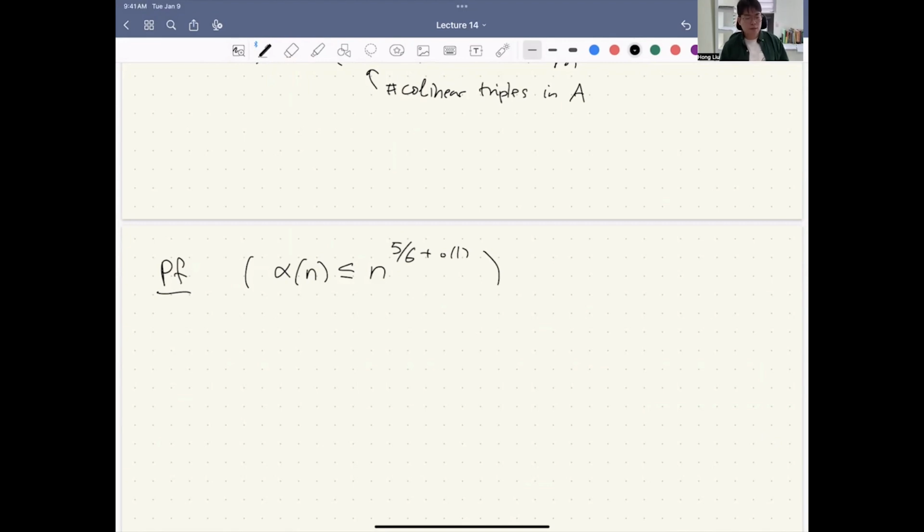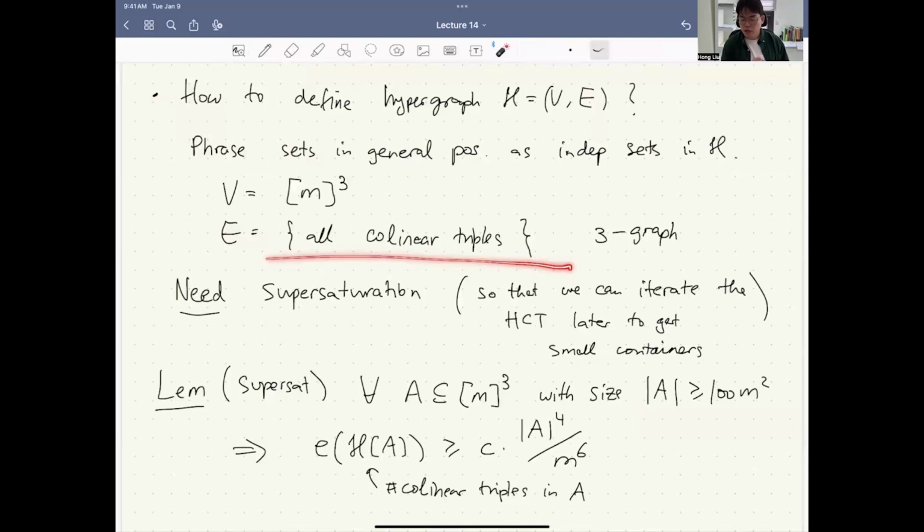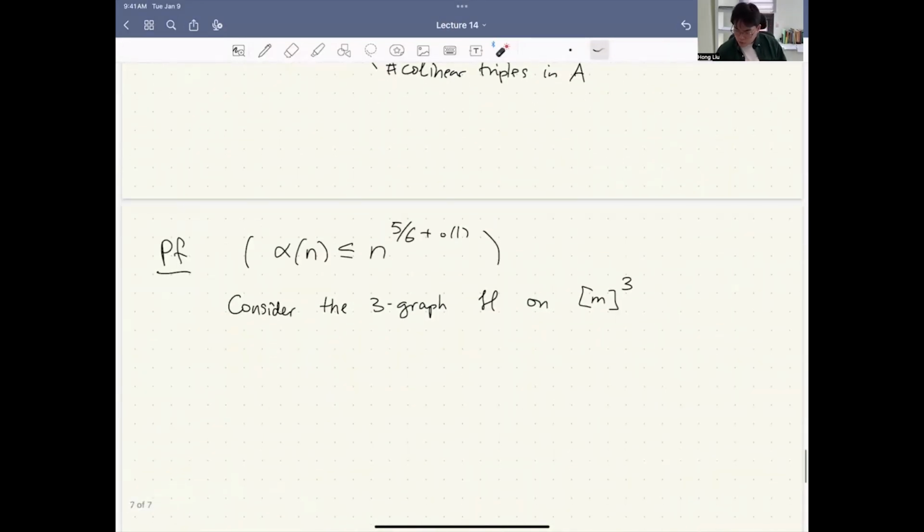As I said, we're going to consider the 3-uniform hypergraph H on vertex set [m]^3, where the hyperedges are all collinear triples as above.